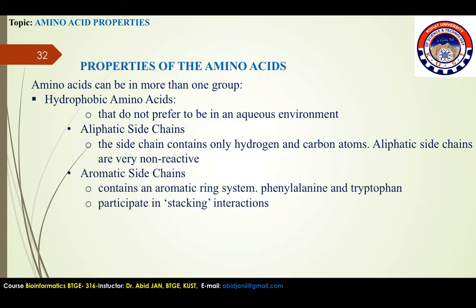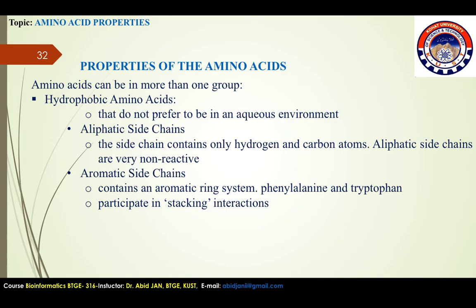Aromatic side chains. A side chain is aromatic when it contains an aromatic ring system. The strict definition has to do with the number of electrons contained within the ring. Generally, aromatic ring systems are planar and electrons are shared over the whole ring structure.